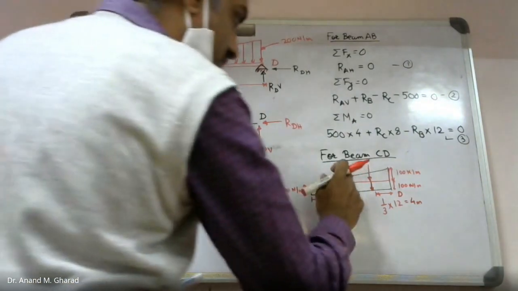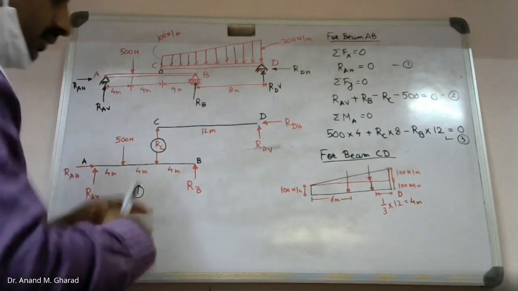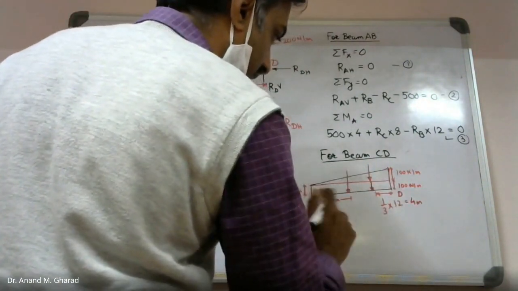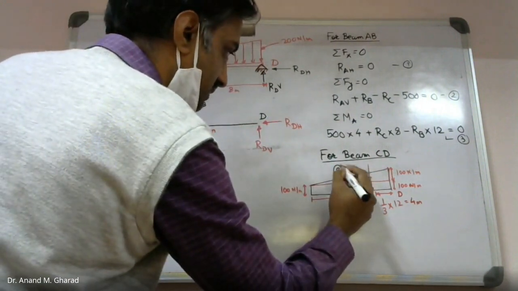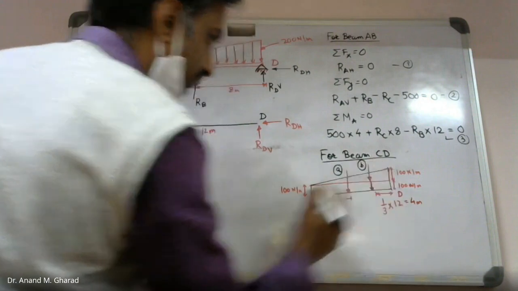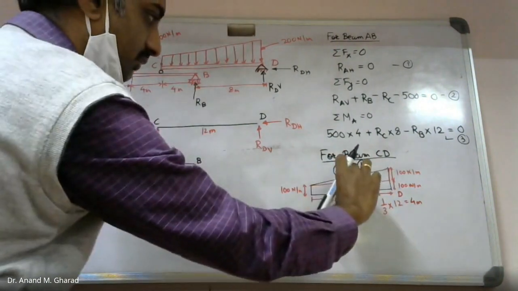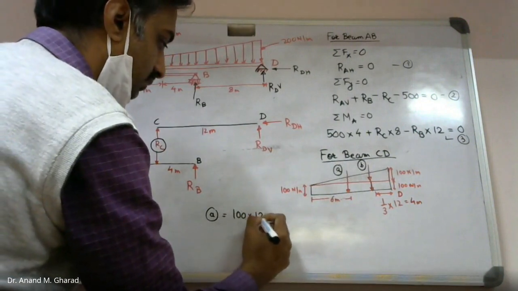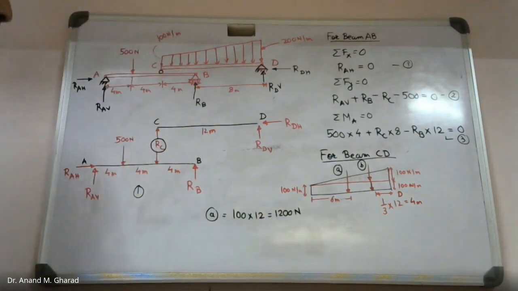What will be the intensity of this load? It will be nothing but the area of this figure, right? So let me call this as intensity A and intensity B. The magnitude of intensity A shall be 100 into 12, that is 1200 Newton.